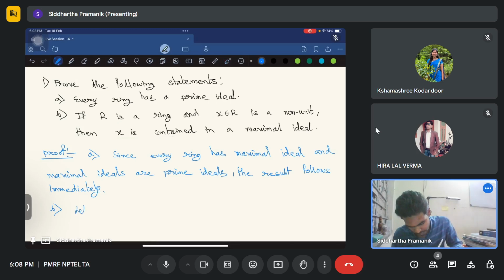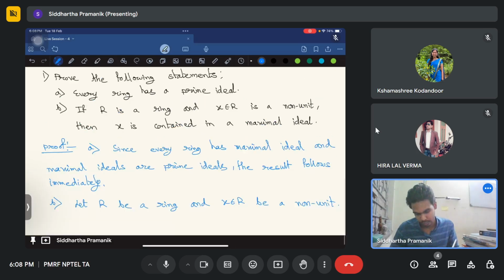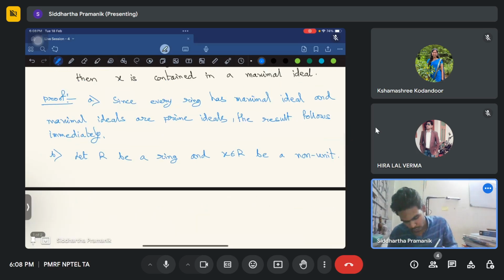Let R be a ring and x belongs to R be a non-unit element. So consider the ideal, let's say I, which is generated by that non-unit x.